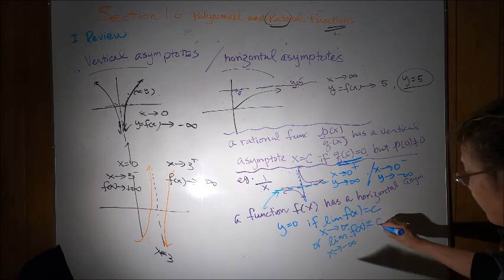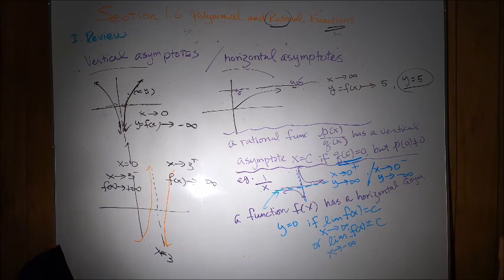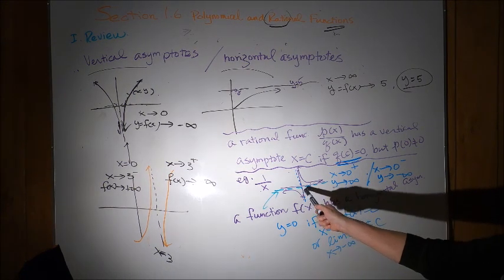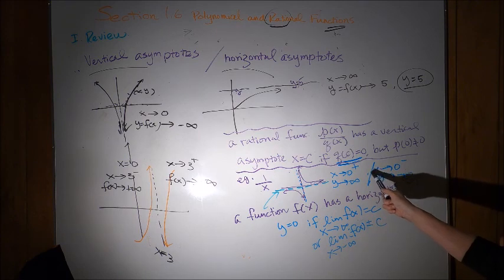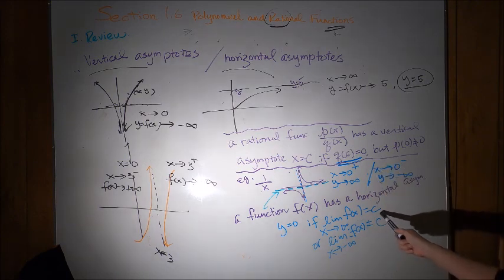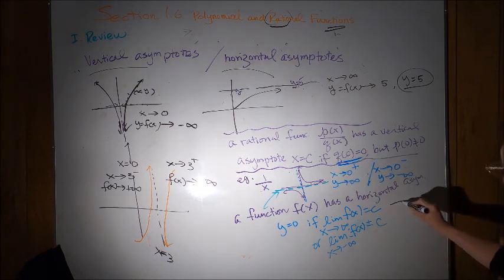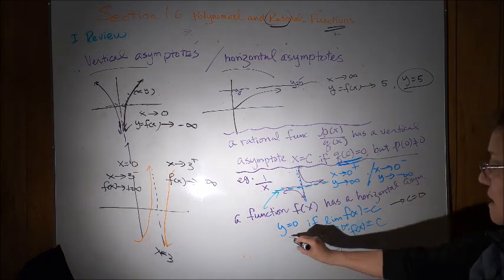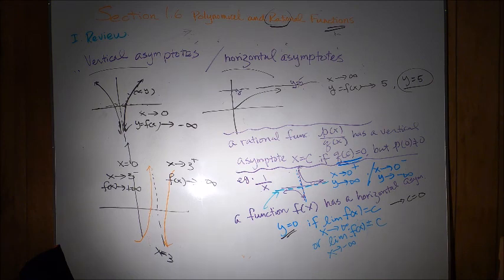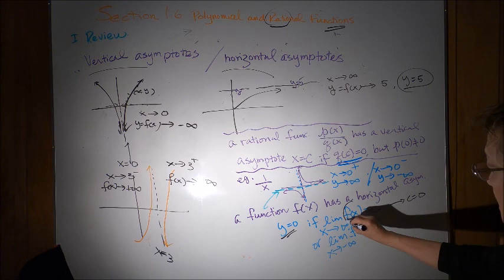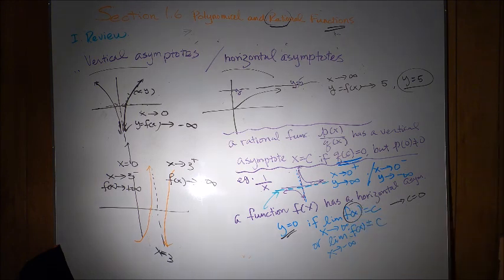So it's confusing, isn't it? Okay, so when we talk about x approaching infinity, then your c for this case is 0. So that's your y equals 0. So as x goes to infinity, your y value, f of x, approaches 0.